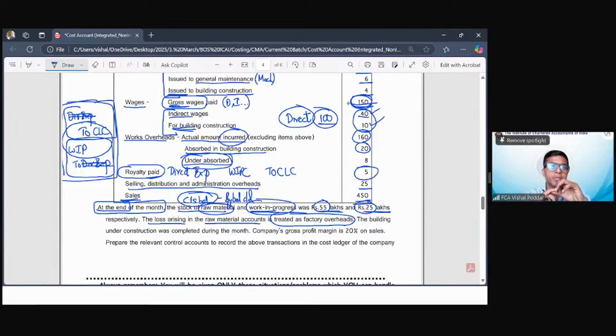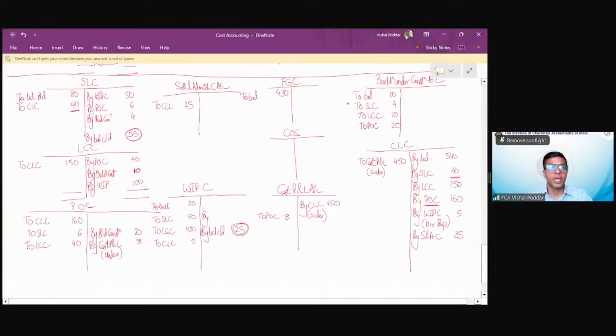But here they have specifically asked me not to transfer it to P&L, but to transfer it to factory overheads. Fine. If the sum wants so, I will do it. I will find out the balance, and the balance I will transfer to my production overheads control. And then my account will be closed because already closing balance we have posted, and whatever is the balance I am getting here, they want me to consider it as production overheads.